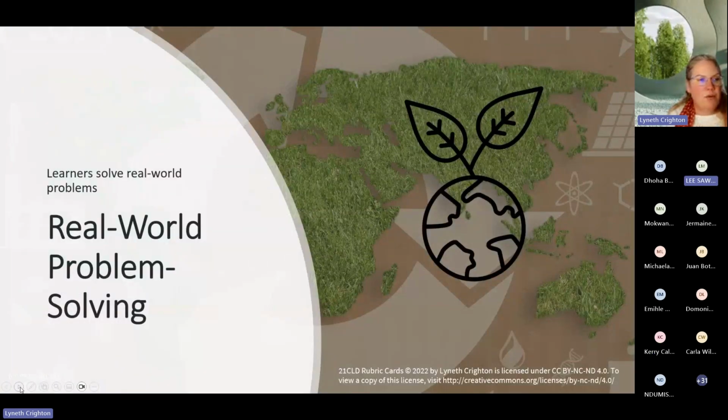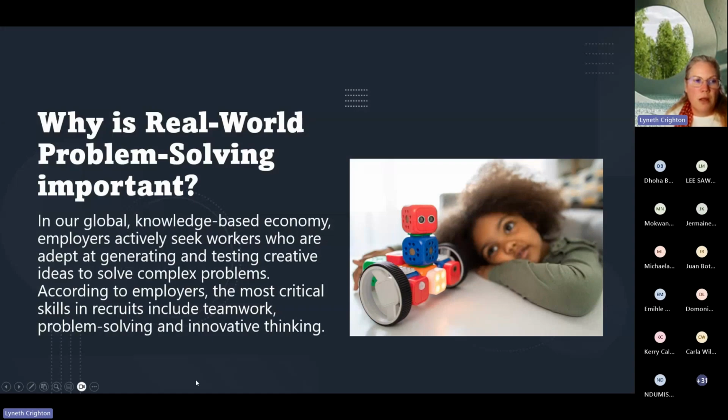So the next one we move on to is real world problem solving, and real world is often easy to put into a context, but the crux of the part is not only is it real world, but are they actually solving a problem? And of course, learners learn better when they're doing something that they can understand and that means something directly that involves themselves.